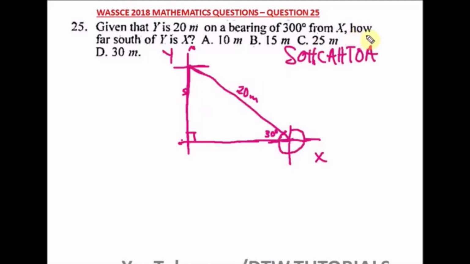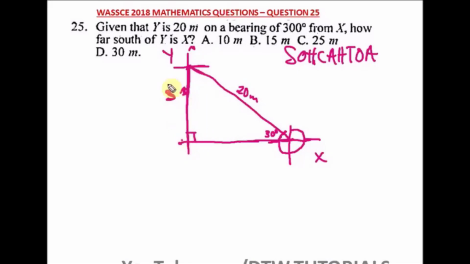The question says, how far south of Y is X? So we are looking for this distance. Let's give it as S, which is how far south of Y is X.